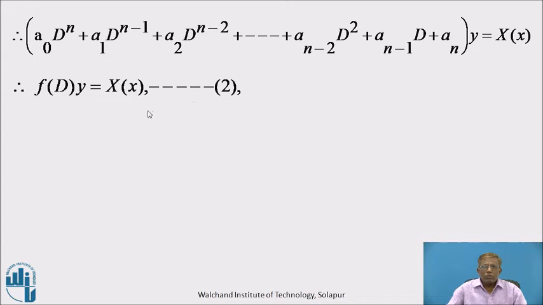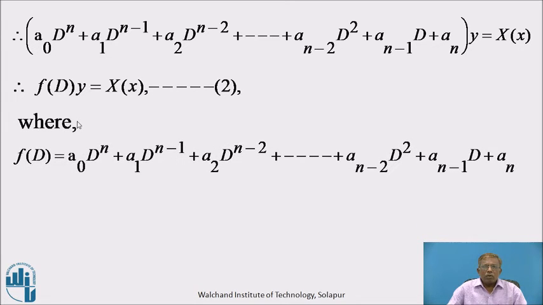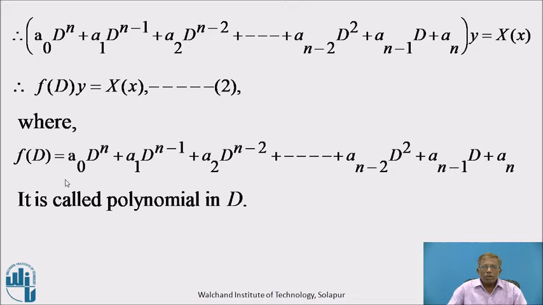Now equation 2 is called the symbolic form of equation 1. Both equations are identical, but the way of writing is different. Here f of D is a0 D raised to n plus a1 D raised to n minus 1 plus a2 D raised to n minus 2 plus and so on plus a(n-2) D square plus a(n-1) D plus an, which is called a polynomial in D.